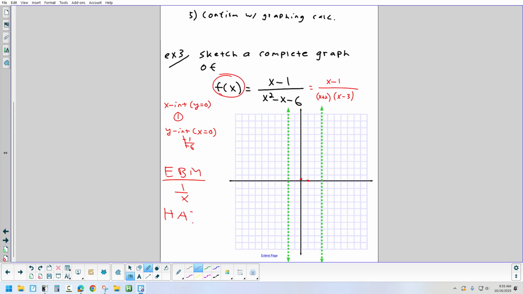When you let the variable approach infinity, what does your EBM approach? 0. Your fraction approaches 0. That's going to be your horizontal asymptote, and you absolutely can cross a horizontal asymptote. No issue with that at all. All right, so let's put that in.